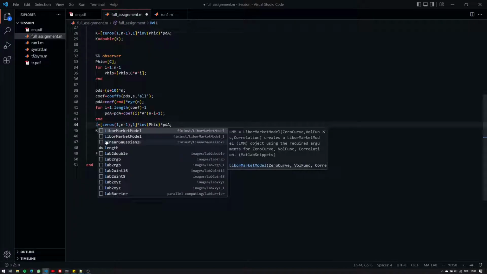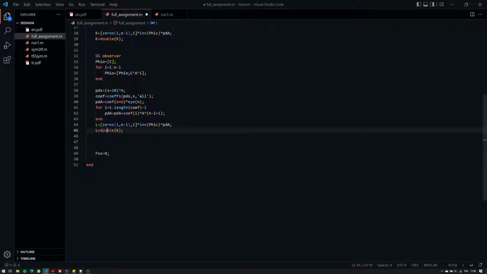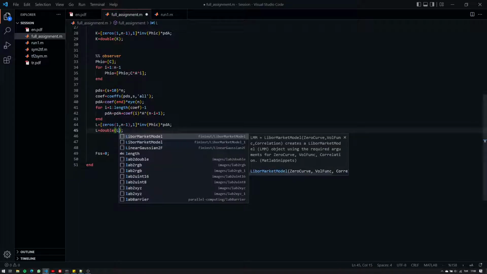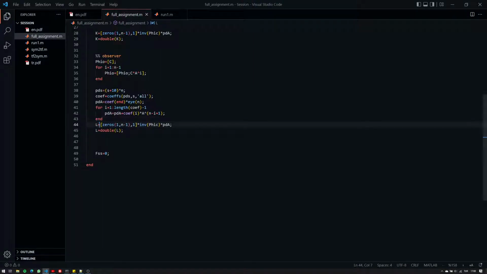So L. Since it is about the transpose, we will just reverse the order. So instead of doing this, we'll use PDA times inverse of phi o times, now it will be an n minus 1 by 1, and we will add a 1 there.